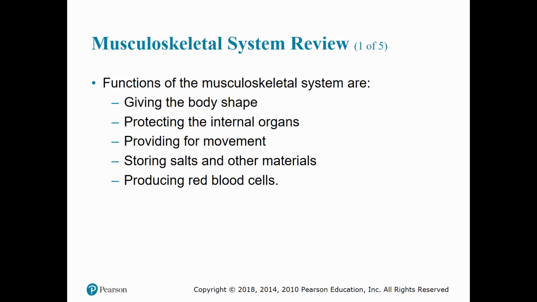With the assistance of ligaments and tendons, it allows us to move and walk around. It helps with the production of red blood cells within the bone marrow of our bones, such as in the humerus and the femur, as well as storing salts and other materials that are needed for our body to function.